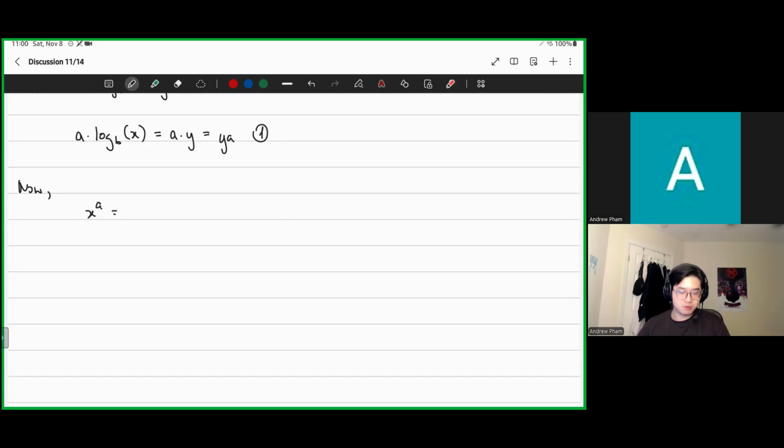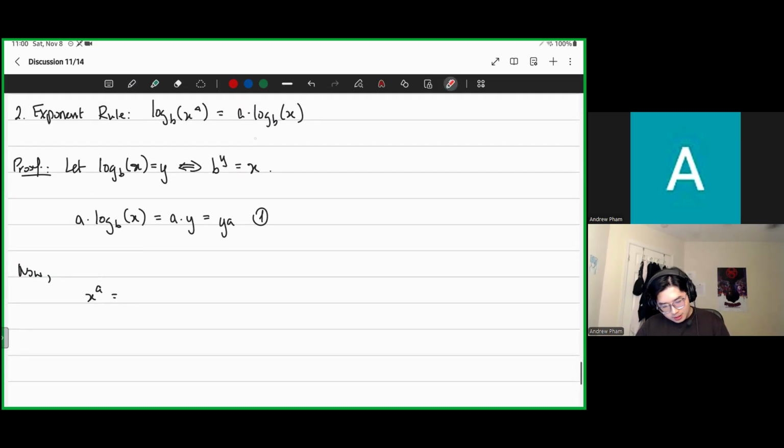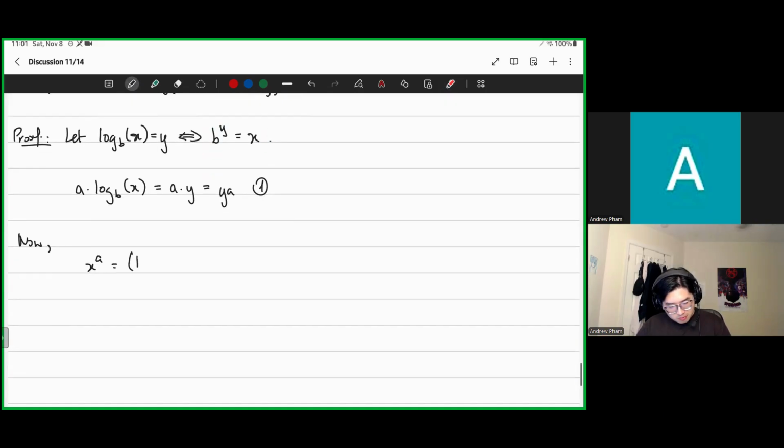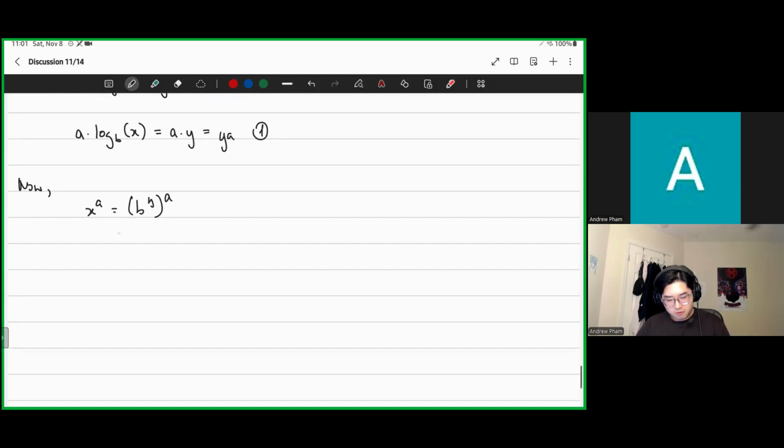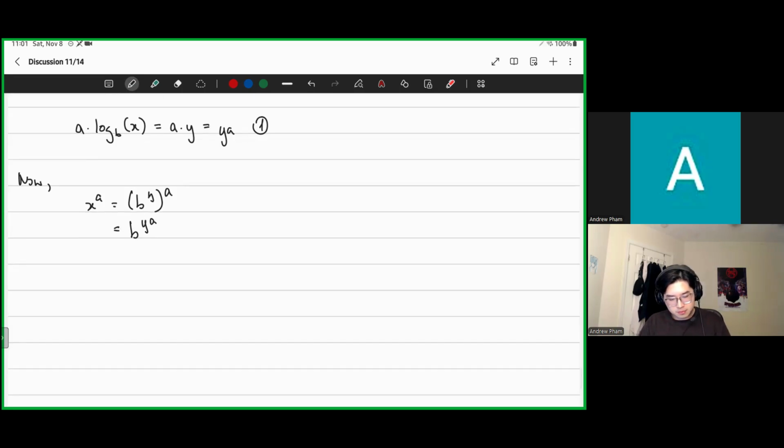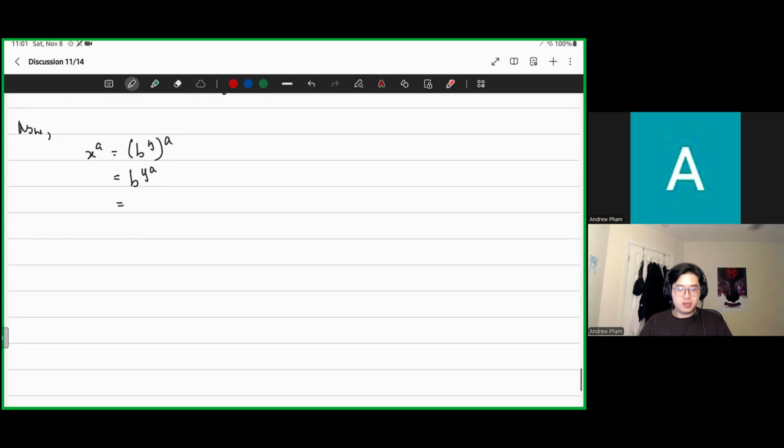But what is x to the a really equal to? Well, notice that we defined x to be b to the y. So x to the a is really just b to the y raised to the a power. And by the first week of class, you know that by your exponent rules, b to the y raised to the a power is just the multiplication of the two exponents together, right? So x to the a is really equal to b to the y times a.